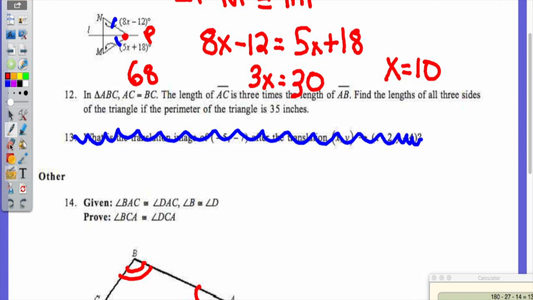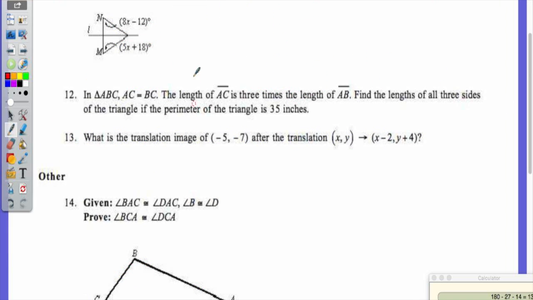And for number 12, I'm going to draw a triangle here. It's always best to draw a picture. I'm going to call it A, B, C. I'm told that AC is 3 times the length of AB.